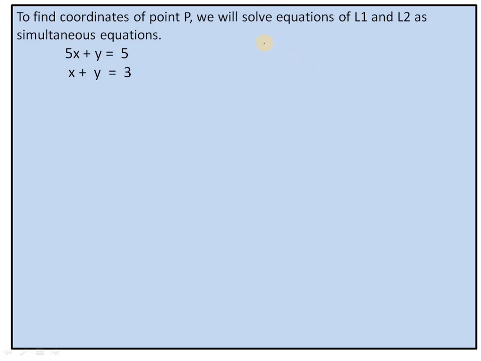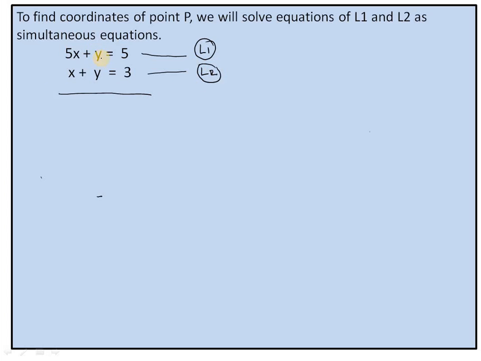So to find coordinates of point P, we will solve the equations of L1 and L2 as simultaneous equation. समझ गए बच्चों? तो this 5x plus y equal to 5, this is the equation of L1. x plus y equal to 3, this is the equation of L2. तो हम लोग क्या करेंगे?